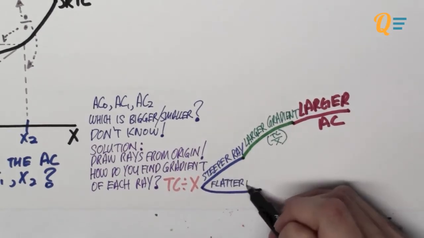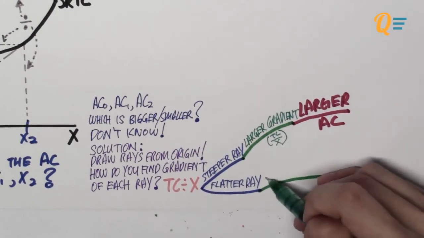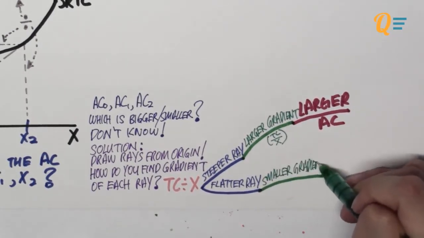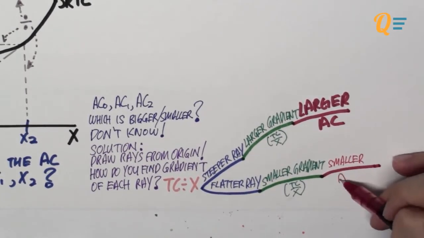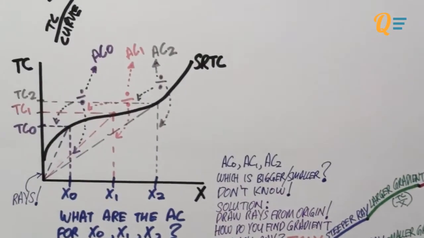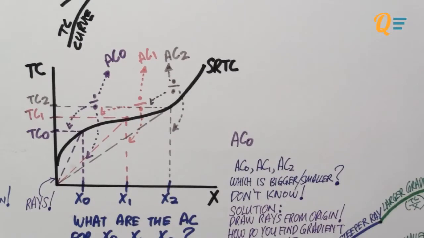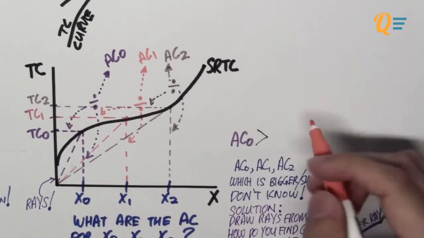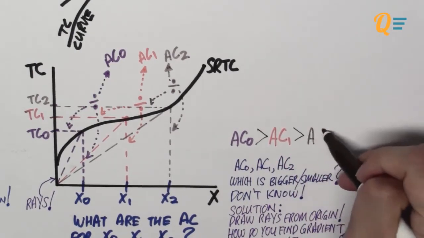Going the other way around, if you have a flatter ray, it means you have a smaller gradient, because the result of TC divided by X is less. So a smaller TC over X simply means you have a smaller average cost. That is how you find out that AC0 is bigger than AC1, and AC1 is bigger than AC2.